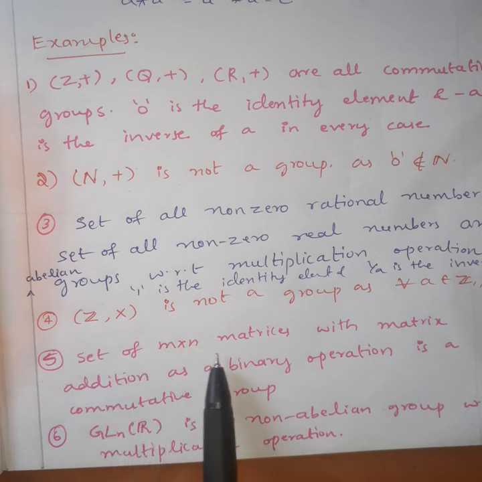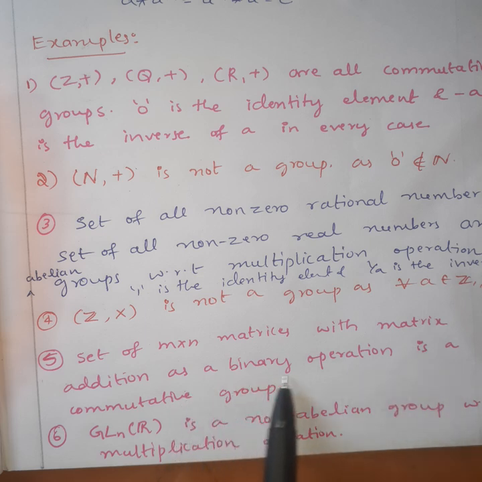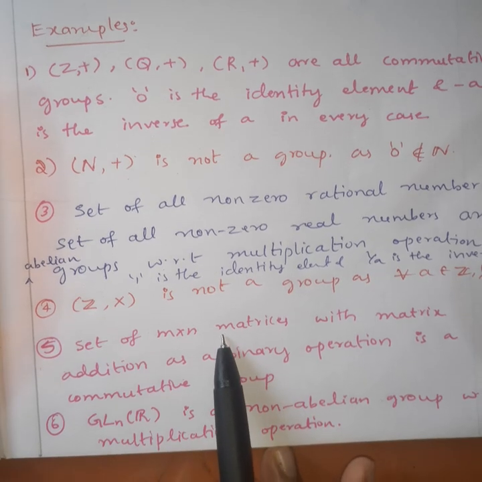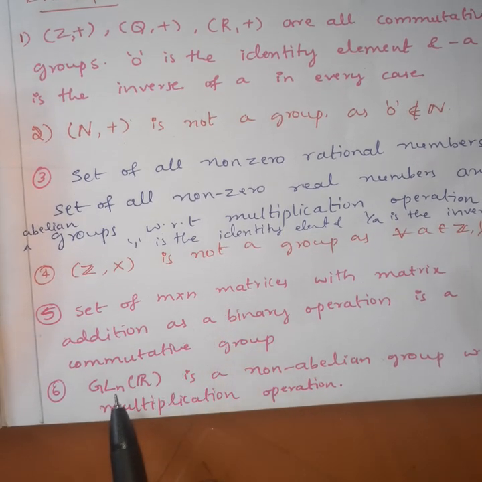Further, the set of m by n matrices with matrix addition as the binary operation is a commutative group. Here minus A is the inverse of A and the zero matrix acts as the identity element. Next example, GL(n, R) means the set of all n by n matrices which are invertible.